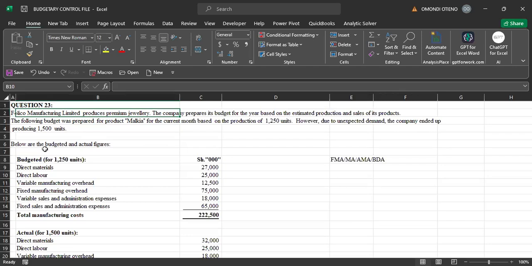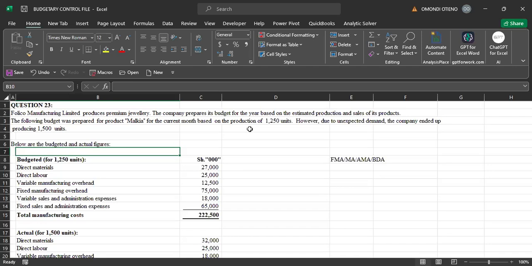So we have a question here that is Folico Manufacturing Limited produces premium jewelry. The company prepares its budget for the year based on the estimated production and sales of its products. The following budget was prepared for product Malkia for the current month based on the production of 1,250 units.